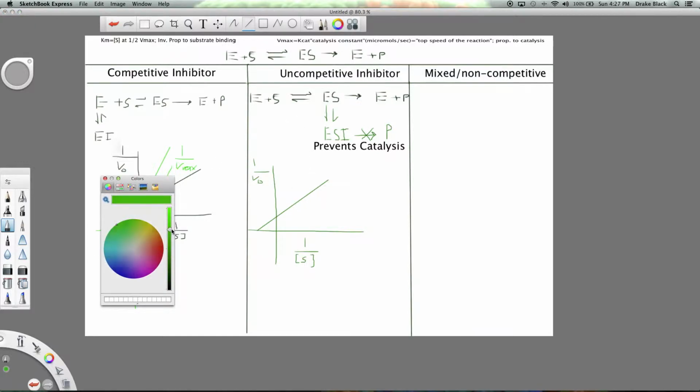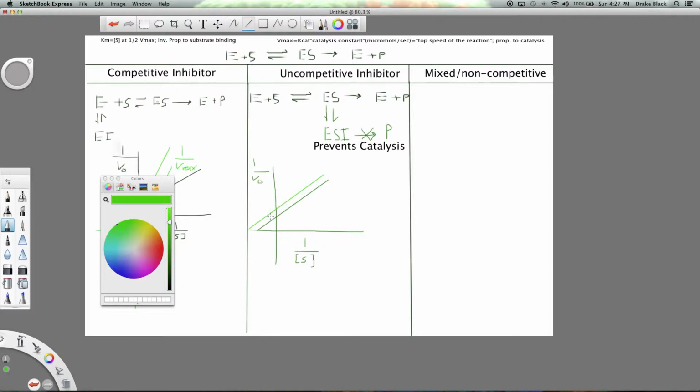And then once an inhibitor is added, it gets shifted this way, so like this. And you'll notice that these lines are parallel. So if you see a graph like this, and the lines are parallel, that means it is an uncompetitive inhibitor.